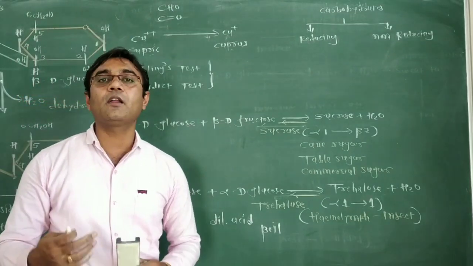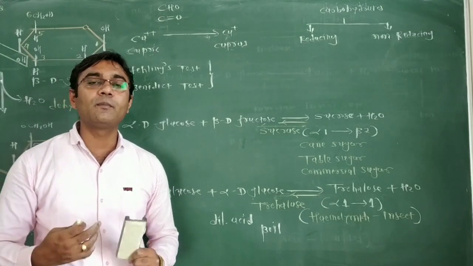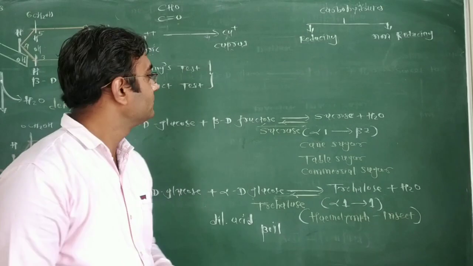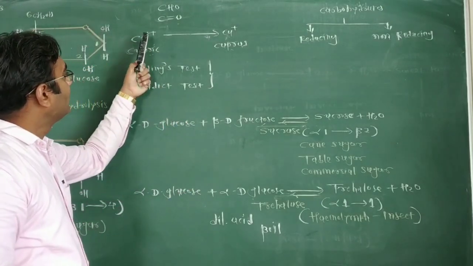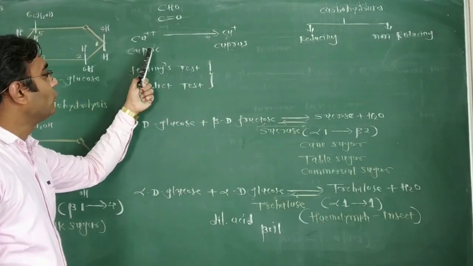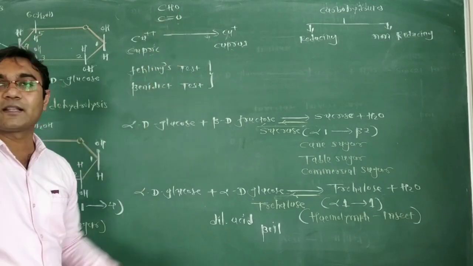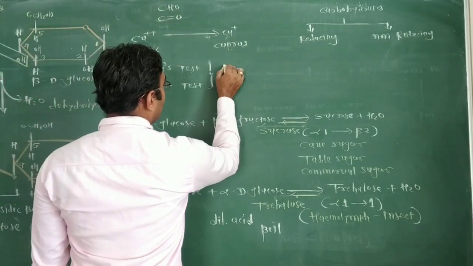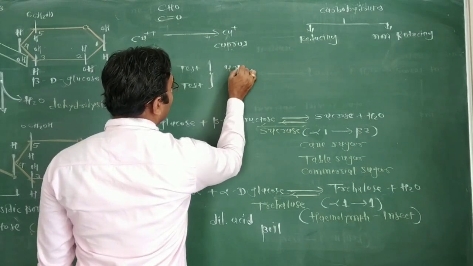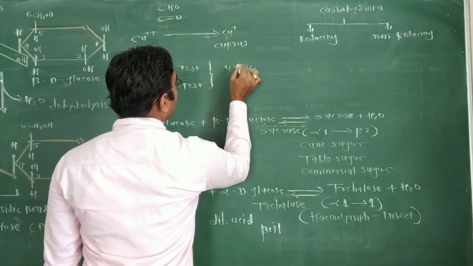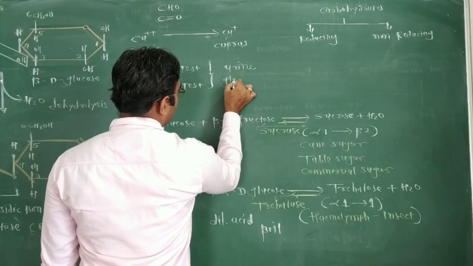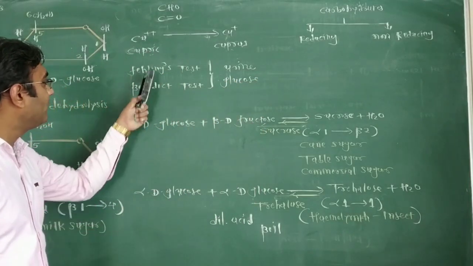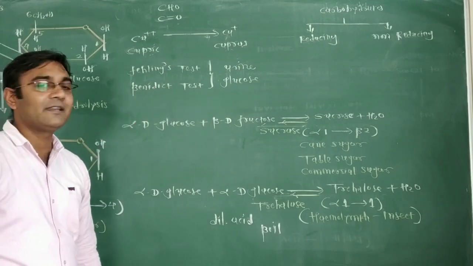If the color of the test tube changes from normal to reddish or brick red, then cupric was converted into cuprous and the given sugar is reducing. In a diabetes patient, glucose is present within the urine, and that can be tested with the help of either the Fehling or Benedict test.